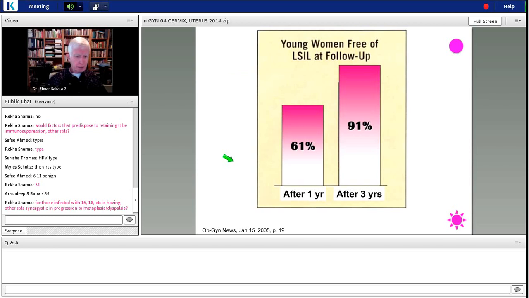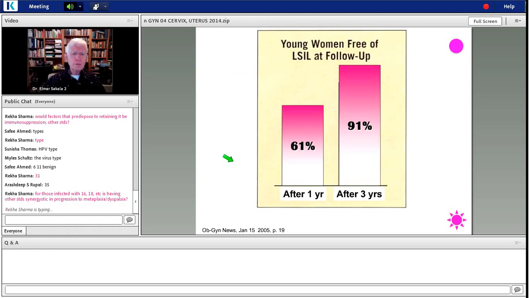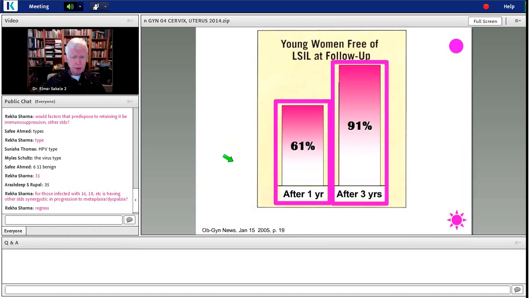And this is a study where they identified low-grade squamous intraepithelial lesions on women who were young, and they didn't do anything. They just followed them to see what would be the likelihood of them spontaneously regressing. And what they found was, after 1 year, 2/3 spontaneously disappeared.